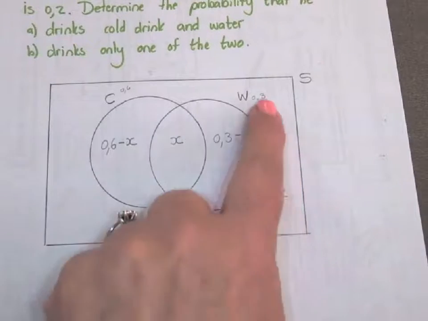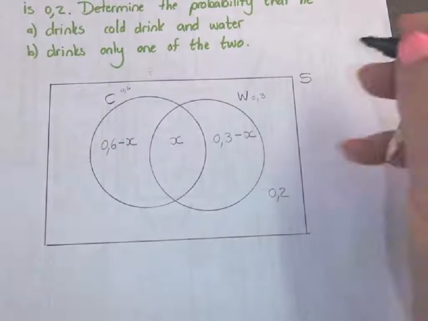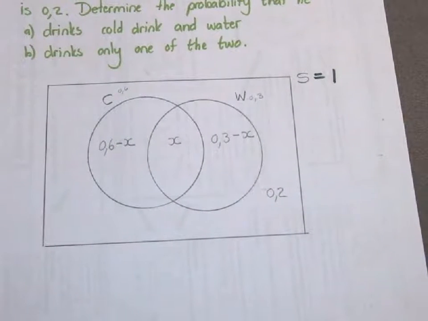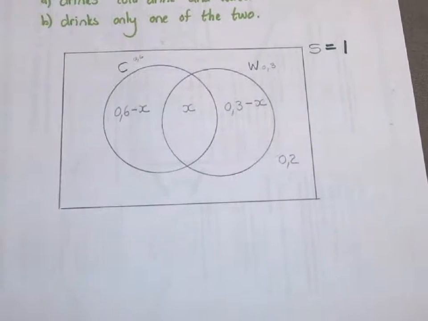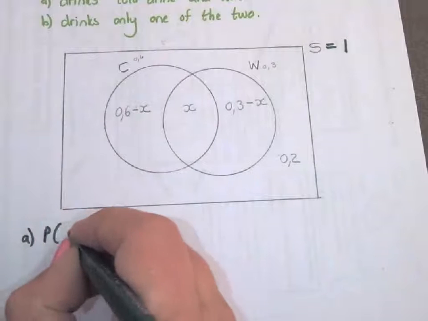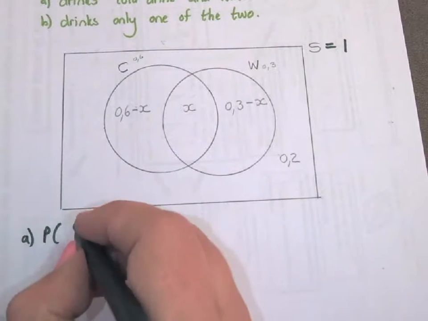When you work with decimal probabilities, our sample size is always 1. Number 8. The probability of drinking cold drink and water.